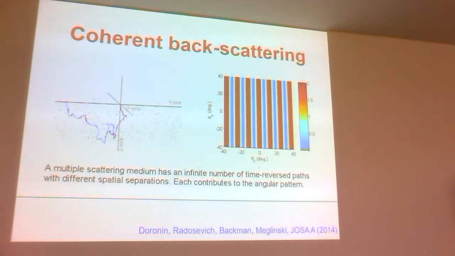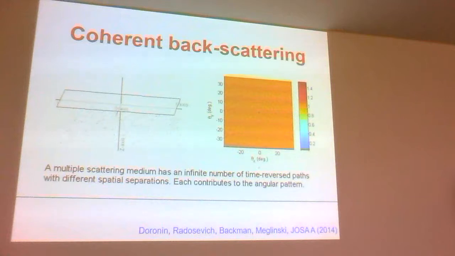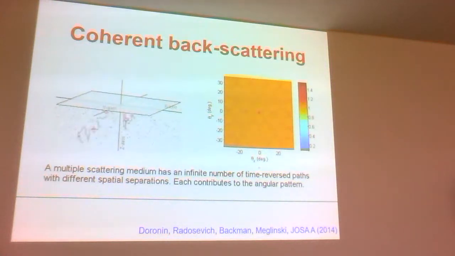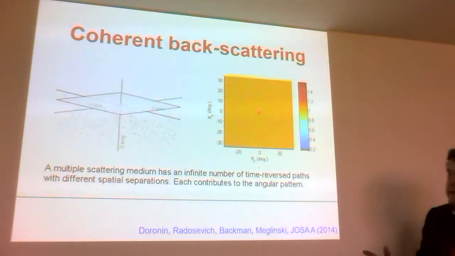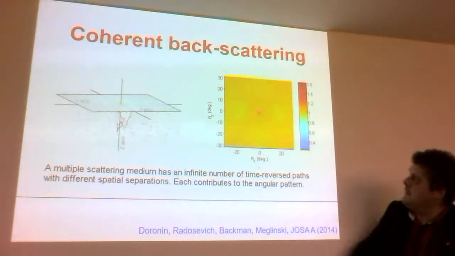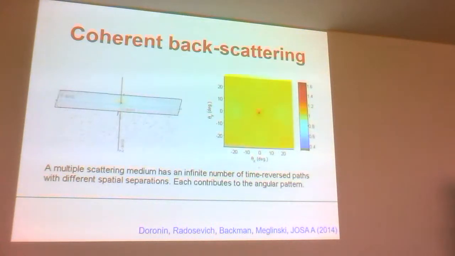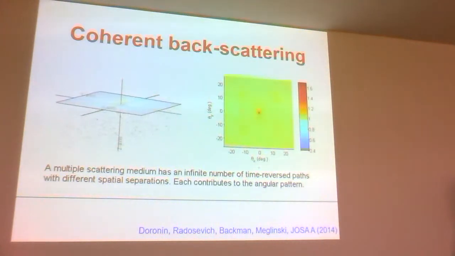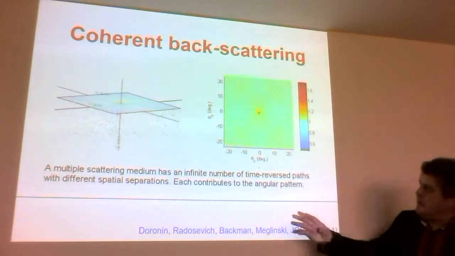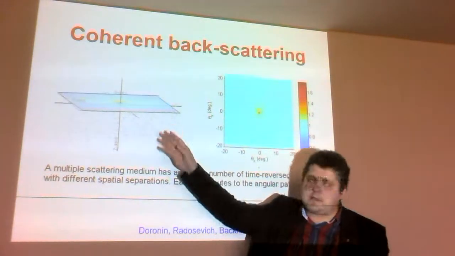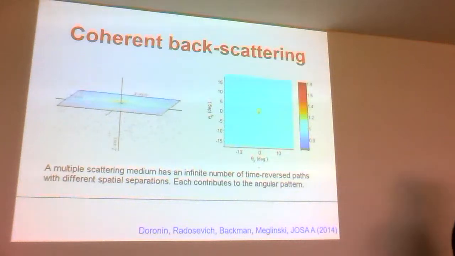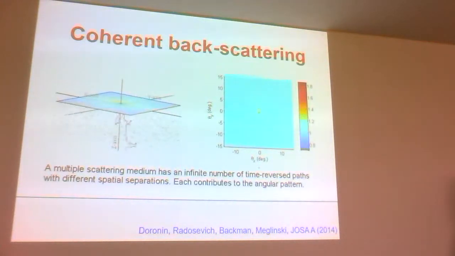But again, that was for one trajectory. If we consider a number of them and see the formation of the signal in a multiple scattering medium, you see so many photons coming. Each of them produces a slightly different enhancement of backscattering.